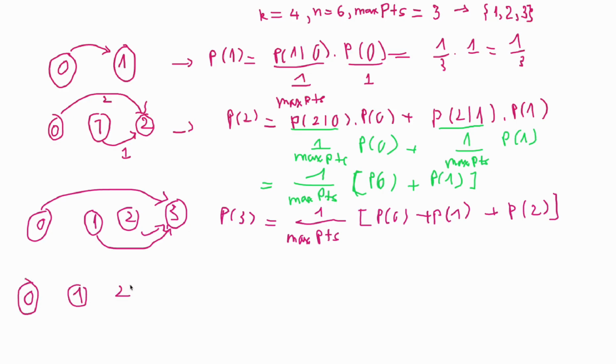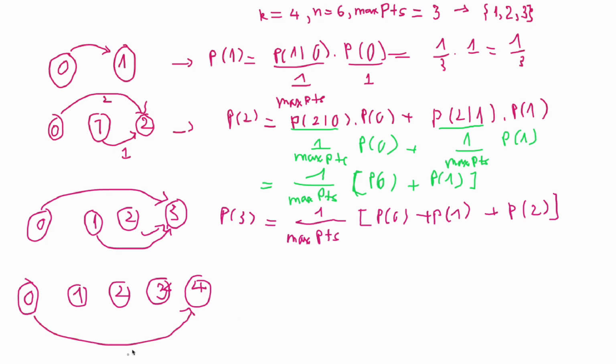So what if we have 4? That is the special case for us. Here we have 3, and we have 4 in here. Because the maximum value we can jump is just the max point, which is 3, it means that we cannot move directly from 0 to 4.